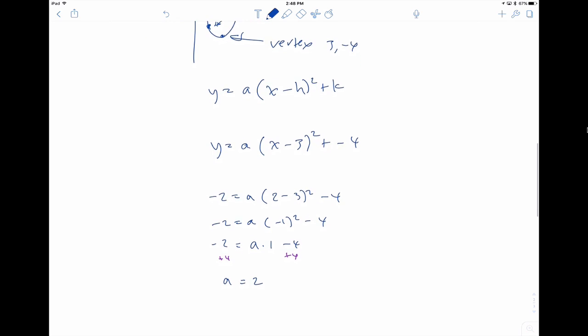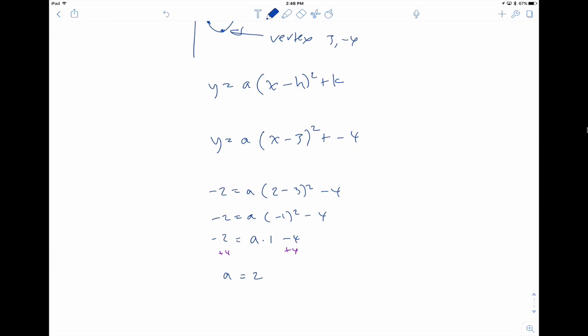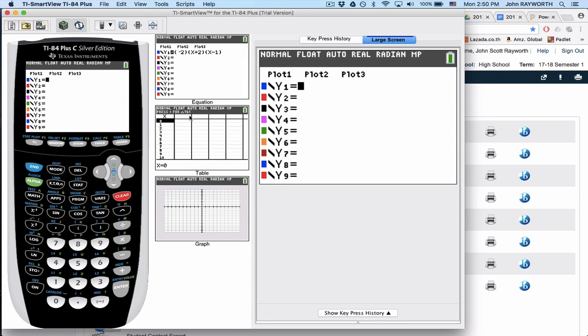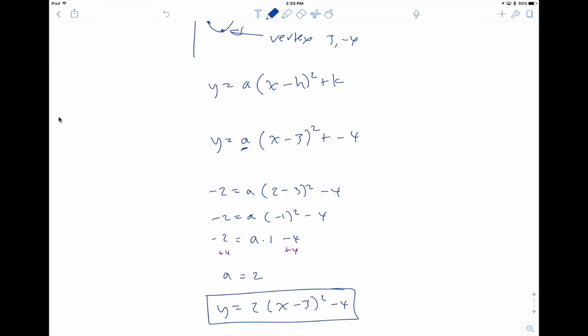And so we're just about done. Let's plug in a 2 instead of our a. So y equals 2 onto x minus 3 squared minus 4. That is the vertex form of a graph. Now if I'm going to plug that into my calculator, here's how it goes. So y equals 2 onto x minus 3 squared.